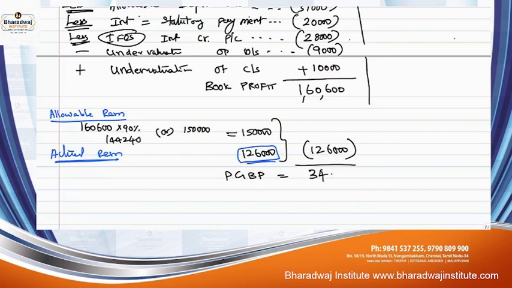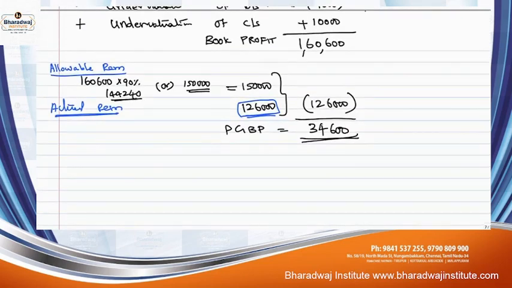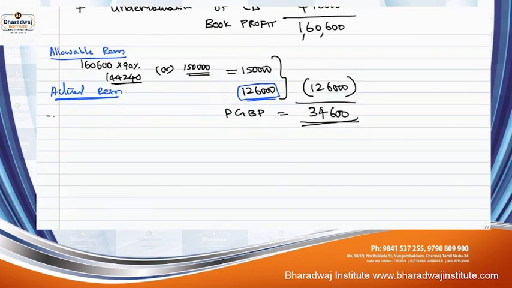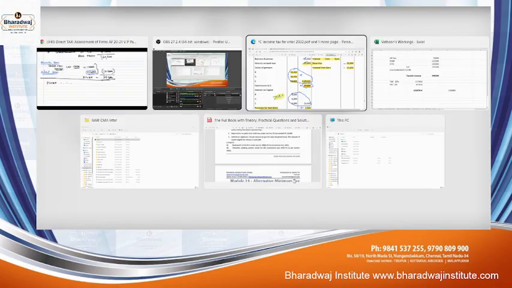So what is PGBP? 34,600. 34,600 is your PGBP. As per the Income Tax Act, allowable is 1,50,000, but actual remuneration is only 1,26,000. So we claim 1,26,000. PGBP is 34,600. The question is not over.